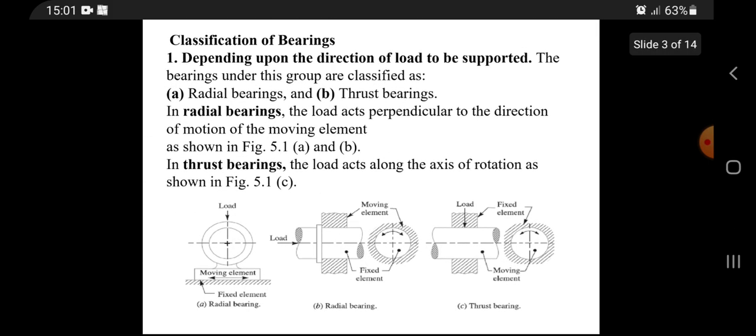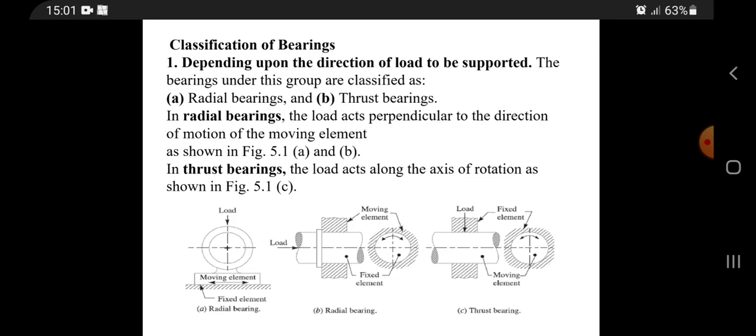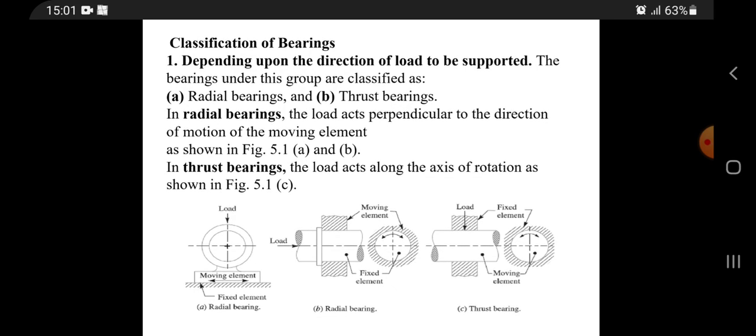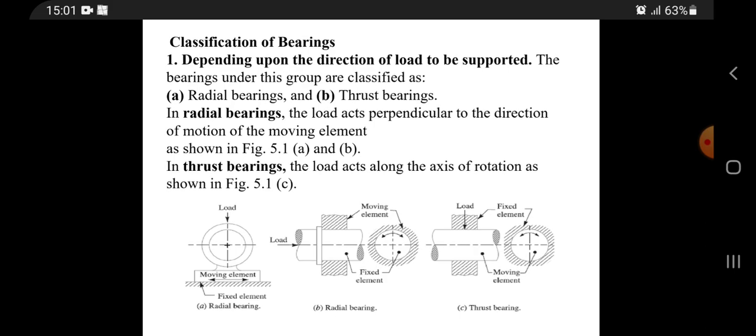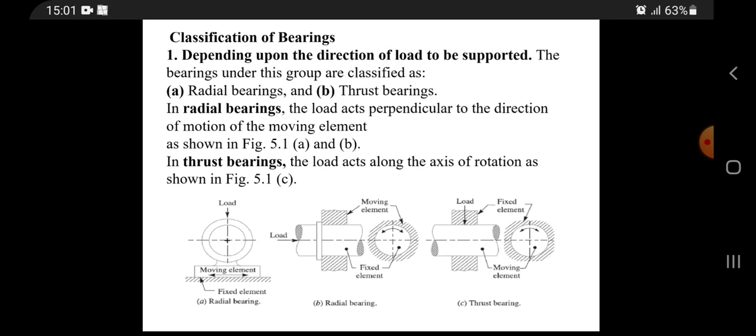Now, classification of bearings. Depending upon the direction of load to be supported, the bearings under this group are classified as radial bearings and thrust bearings. In a radial bearing, the load acts perpendicular to the direction of motion of the moving element, as shown in the figure. In a thrust bearing, the load acts along the axis of rotation, which is also given in the figure.